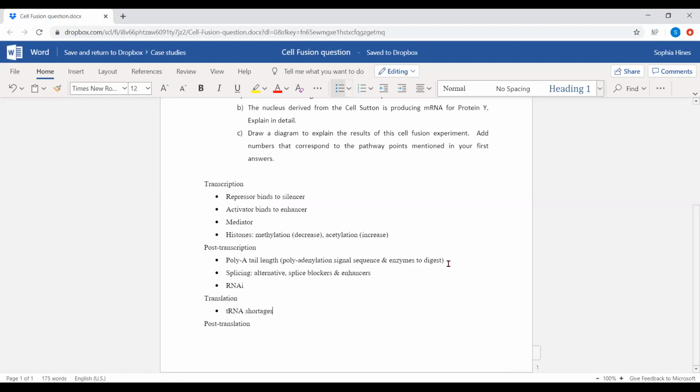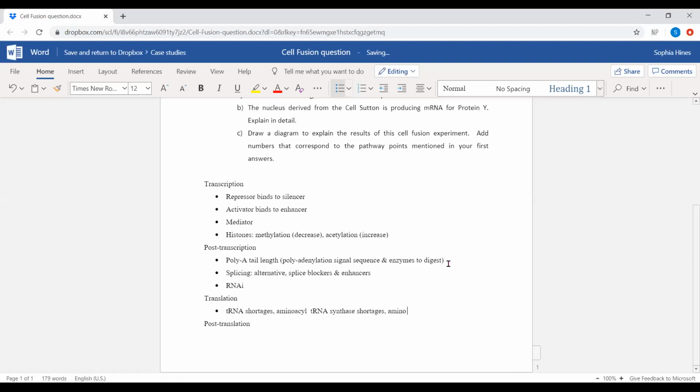So sometimes you'll end up with a slight variation even within a cell, like the mitochondria use slightly different tRNA code than the rest of the nucleus, and it can sometimes be out of whack. So tRNA shortages, there's also the aminoacyl tRNA transferase or synthase.